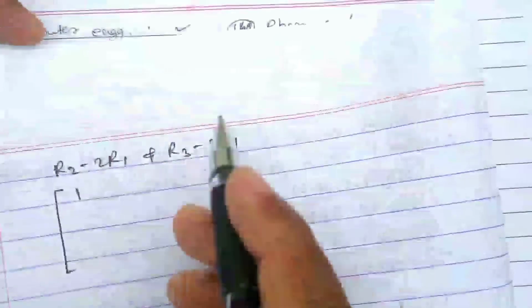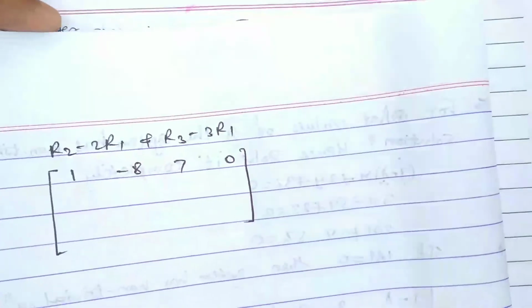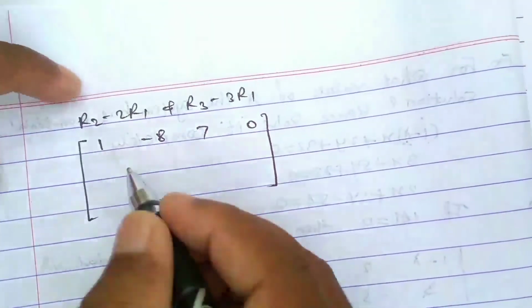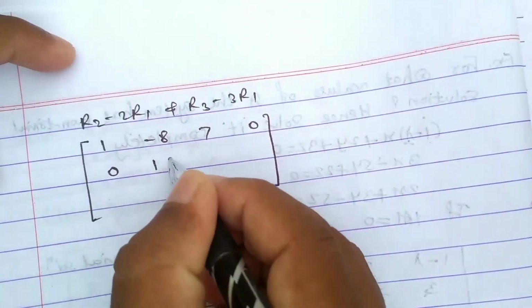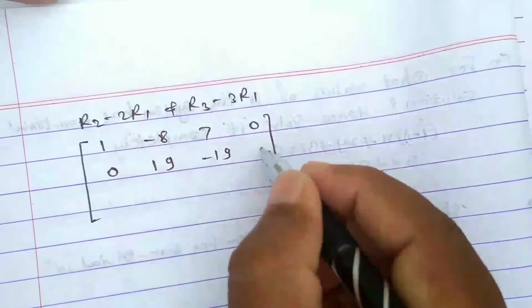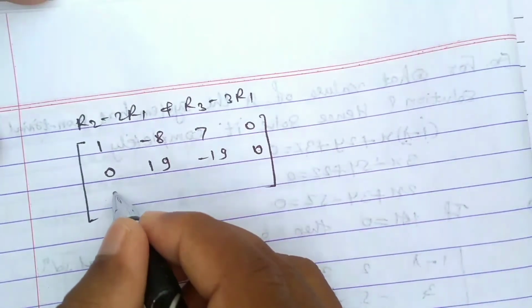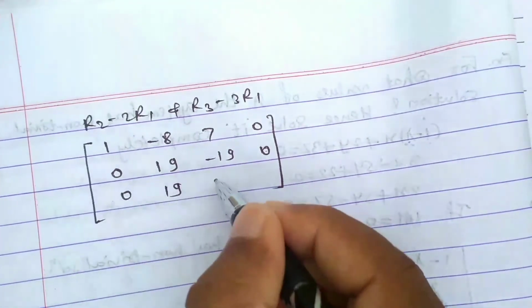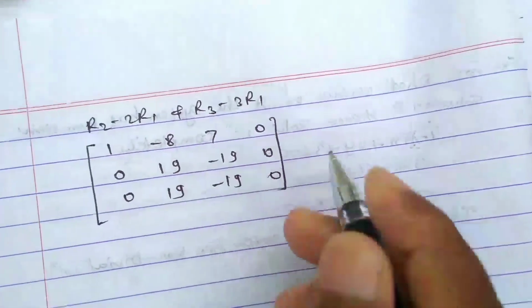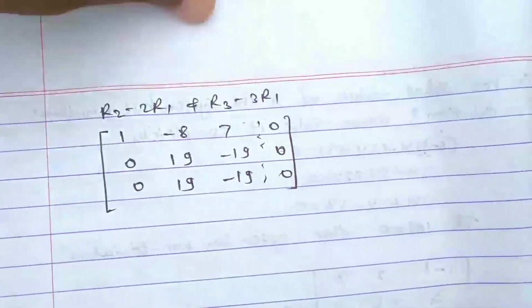Then the second row we will get 0, 19, minus 19, 0, and the third row we will get 0, 19, minus 19, 0. After using these transformations, we will get this matrix.